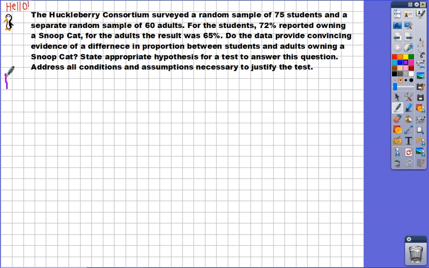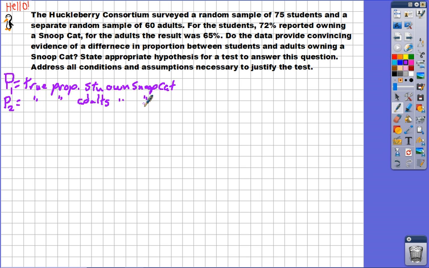Let's say P1 equals the true proportion of students that own a Snoop cat. And then P2 will be the true proportion of adults that own a Snoop cat.